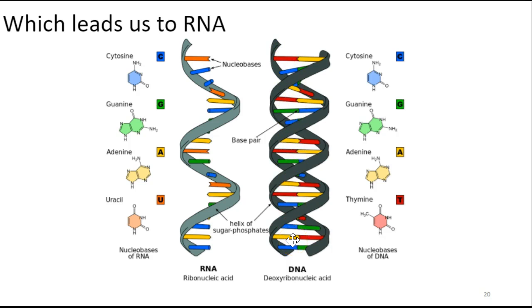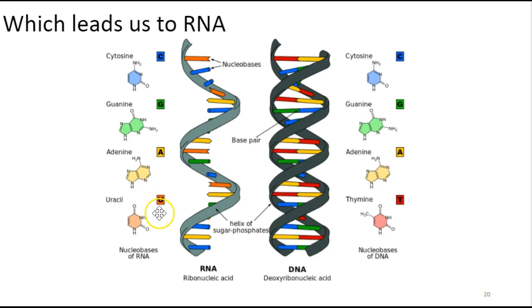Another difference is in the nature of the nucleotides that make up RNA versus DNA. So RNA nucleotides are generally shaped the same, but there is some variety in the nitrogenous bases amongst other chemical differences. Like DNA, RNA will have the nitrogenous bases cytosine, adenine, and guanine.